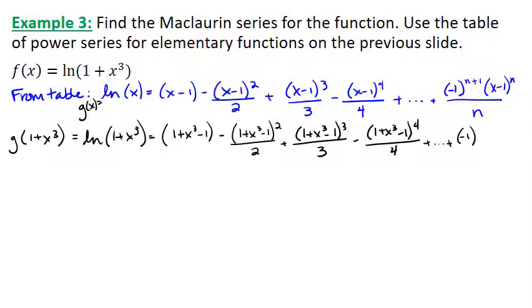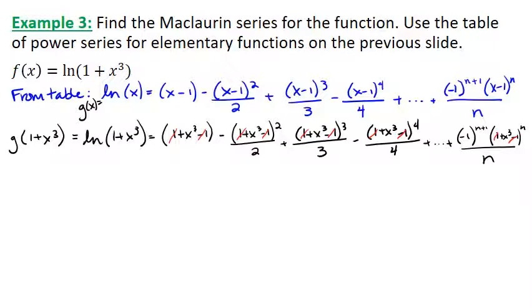So negative 1 to the n plus 1, this is 1 plus x cubed minus 1 to the nth power all over n. Okay, so now let's see what happens. Looking at this, these ones cancel, cancel, cancel, right? Doesn't look like anything else cancels.